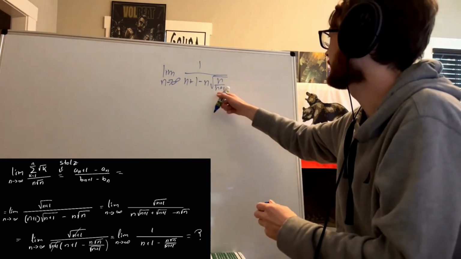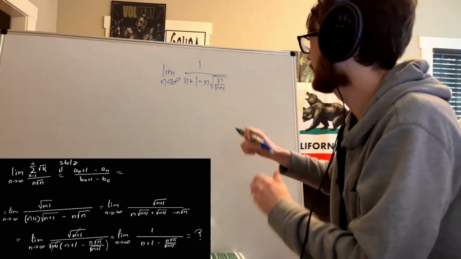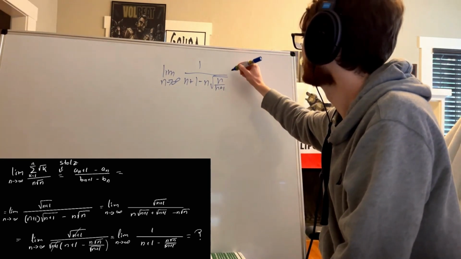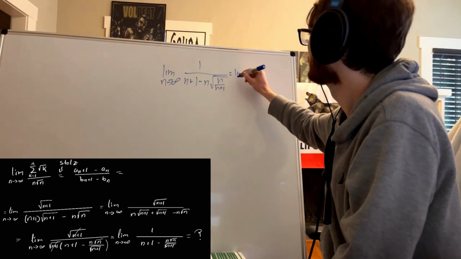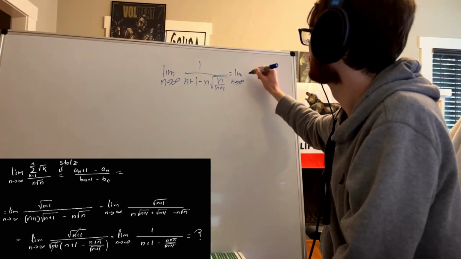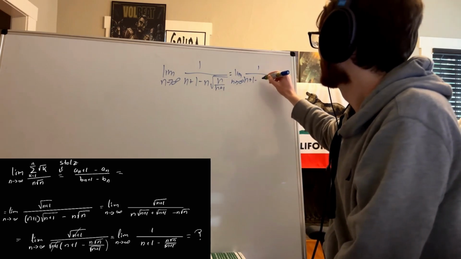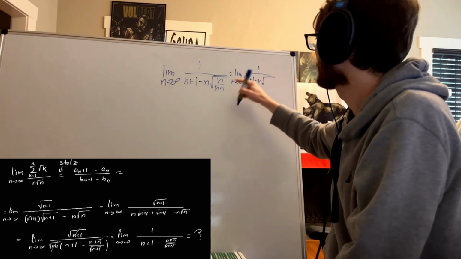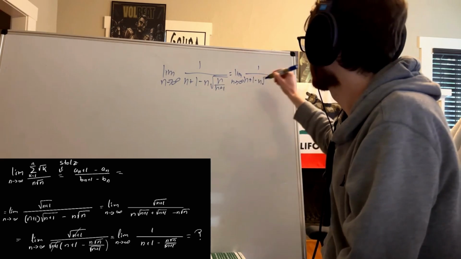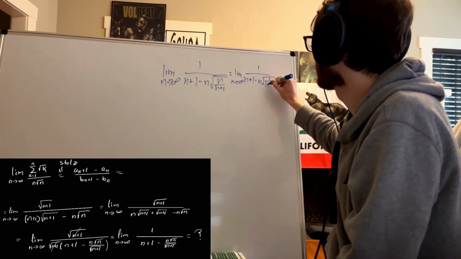So maybe from the bottom I'll factor out an n and just see where that goes. So factor an n from the bottom, cancel it with the top. 1 over 1 plus 1/n.